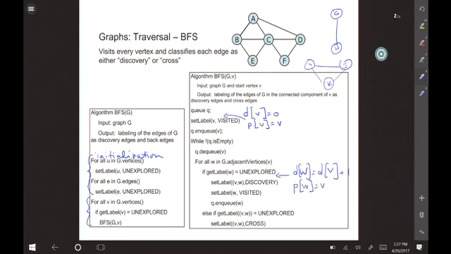Now, when we do so, we are going to explore everything we can in that component, right? And imagine what that does to all of the vertices in that component. It marks them as explored.